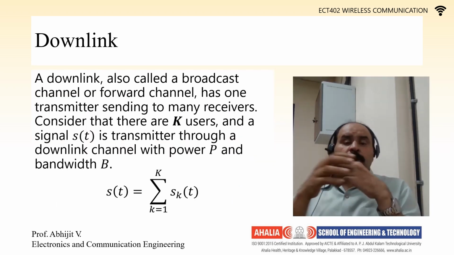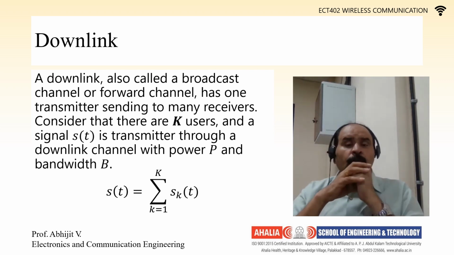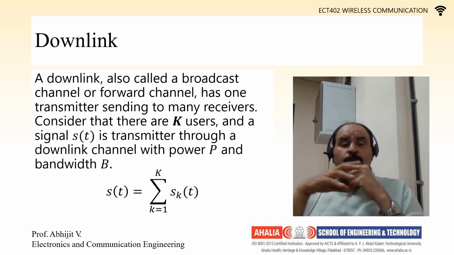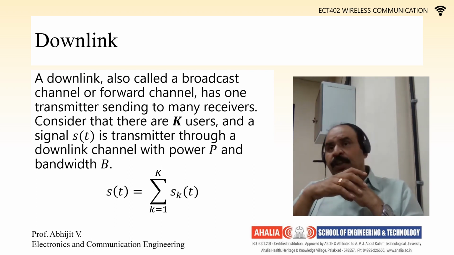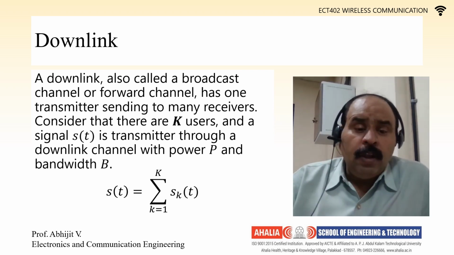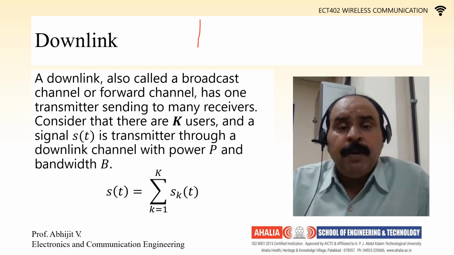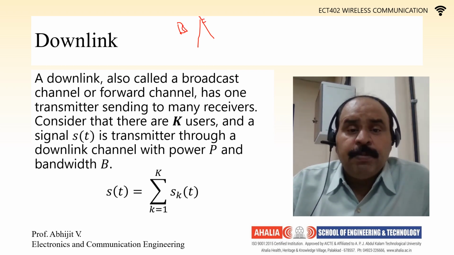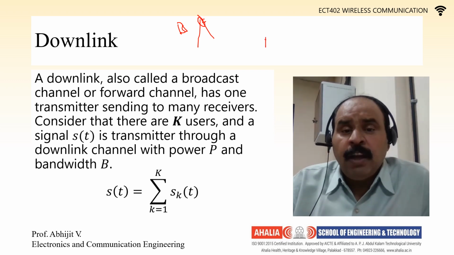Next, we'll see what is a downlink channel. It is a broadcast, or in other words a forward channel, and has one transmitter and many receivers. Let this be a base station for a mobile communication system, and let this be the transmitting antenna. We have multiple receivers here.